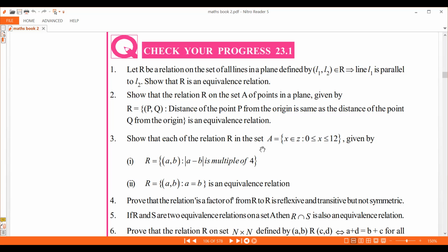Because it has the same distance from the origin. For example, P to X and Q to X has the same. Can you draw and show me? Is it possible?